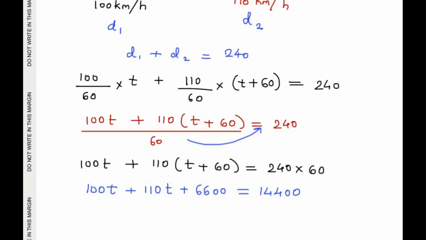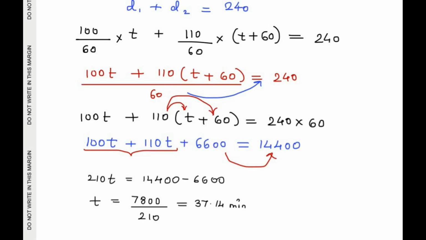Now expansion of the brackets on the left hand side. So 100t stays the same plus 110 multiplies with t, giving us 110t. 110 multiplies with 60, giving us plus 6600, is equal to 240 times 60 gives us 14,400. Now gathering the like terms, that is 100t and 110t are like terms, and we are going to take 6600 on the right hand side.